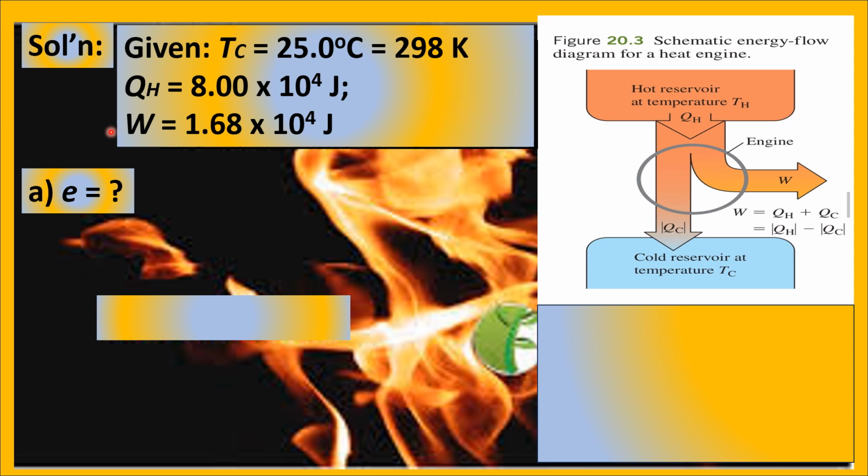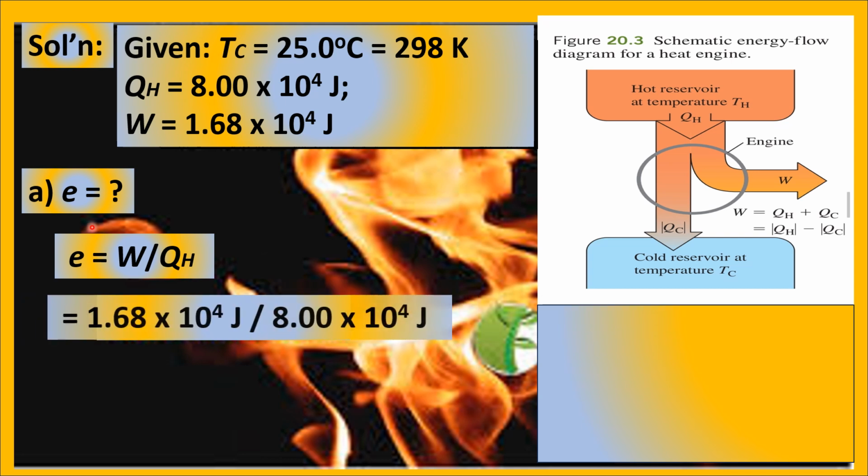is asking for the thermal efficiency of the heat engine. And this can be calculated using the formula efficiency is equal to the work done, W, divided by the heat input, Q sub H. When we substitute, we have for the work done 1.68 times 10 to the fourth power joules divided by the amount of heat input 8.00 times 10 to the fourth power joules.